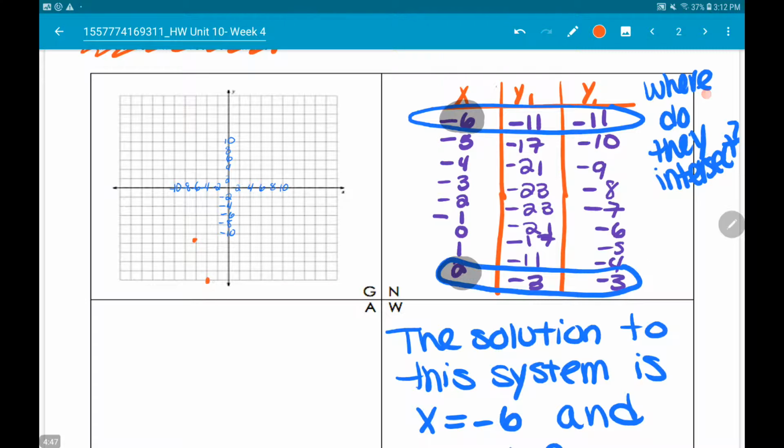The 23 still doesn't fit. -121 does. 0, 17. 1, negative 11, that's up here. 2, negative 3.